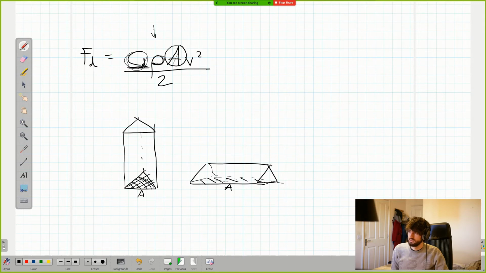What this A means is that because this one has more surface touching the particles, touching the wind, I mean, less here and more here, you see. This one's dragging more particles, so it is going to experience more drag than this one.